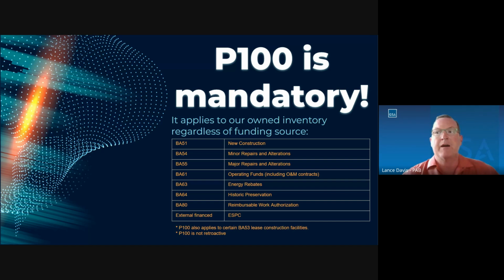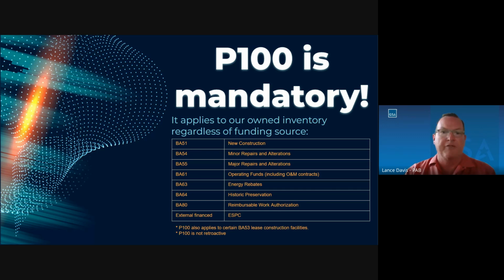And then a reminder that P100 is also not retroactive. So again, if you've already got a project underway, you don't have to go back, or if you're building and you're not doing anything to that building, you don't have to bring it up to the latest version, not until something is being touched.